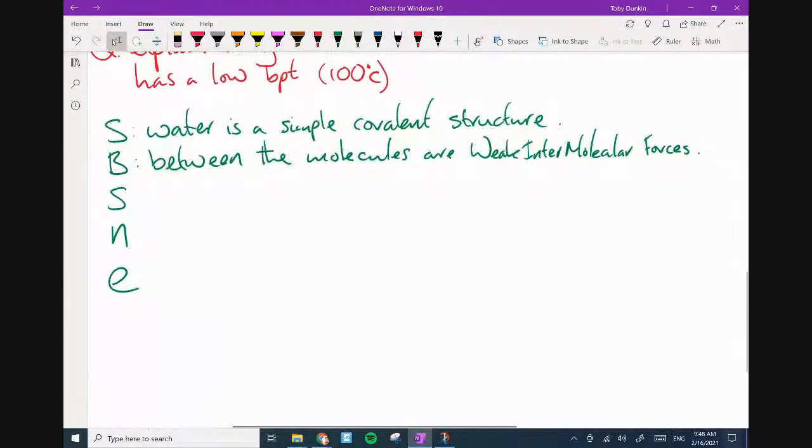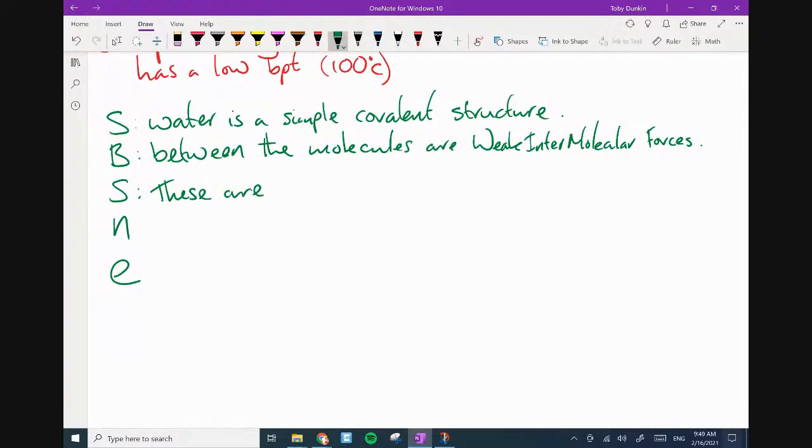Next, strength. These are very weak. Number: there are very few. There are very few WIMFs. You don't need to say WIMFs every time.